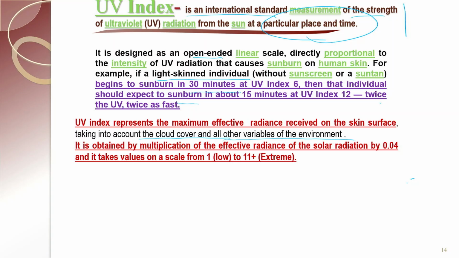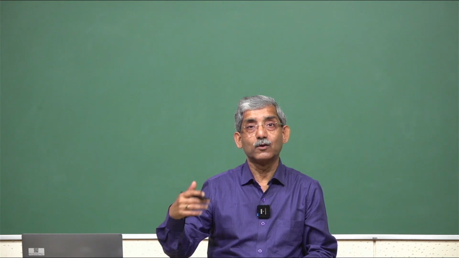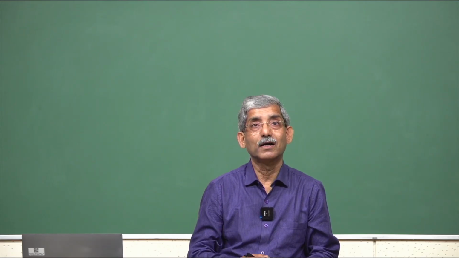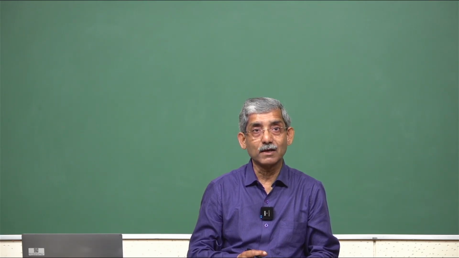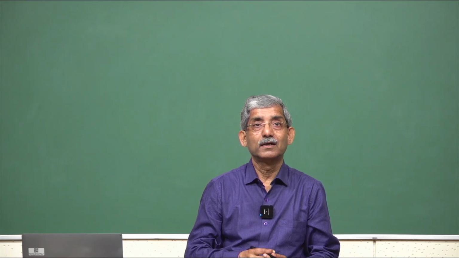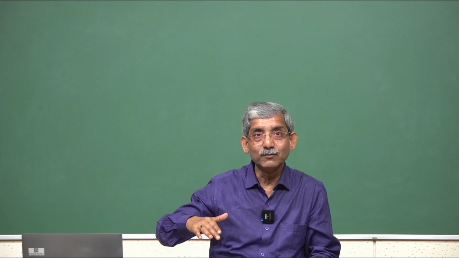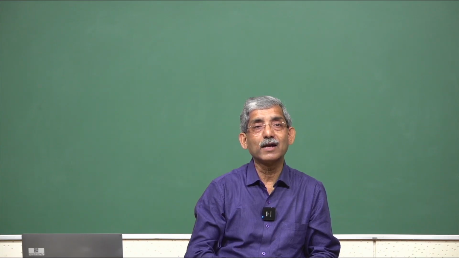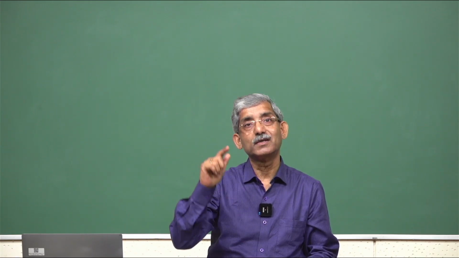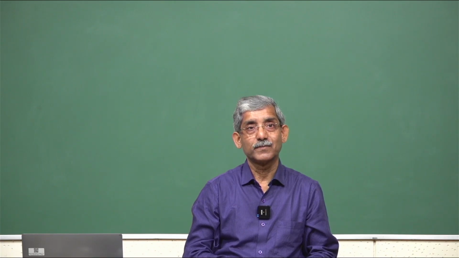So, everything is considered, and it tells how much maximum radiation we are receiving. We will discuss later how to calculate the UV index with an example. The UV index for a particular place will also change with altitude.